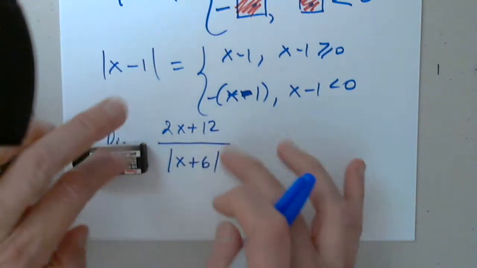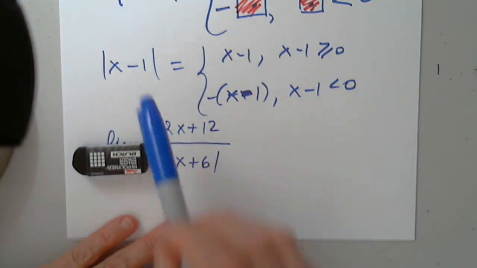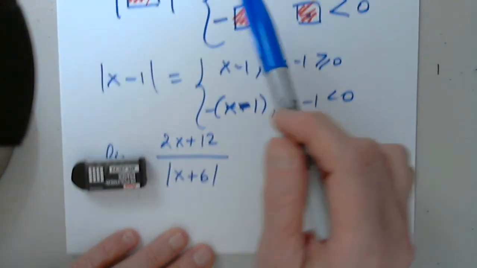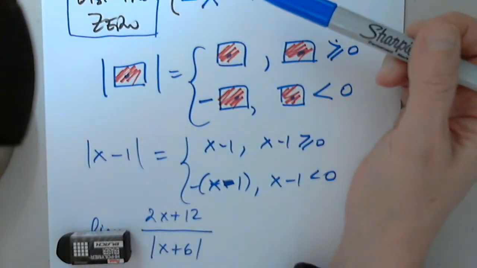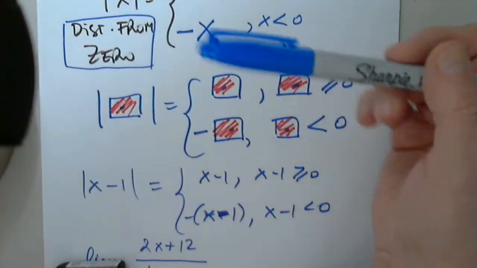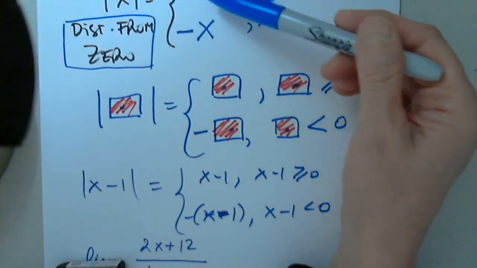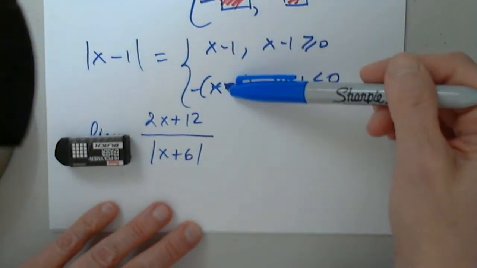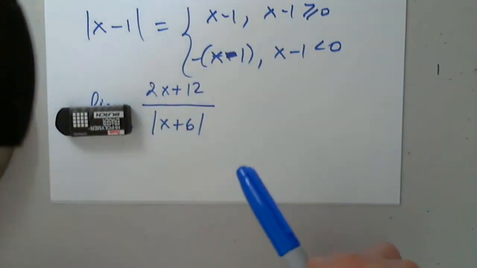I have to look at the function, analyze it, simplify it, because every absolute value has two options. Every absolute value is not a nice friendly function. It's nice but not friendly. So this has two possibilities.